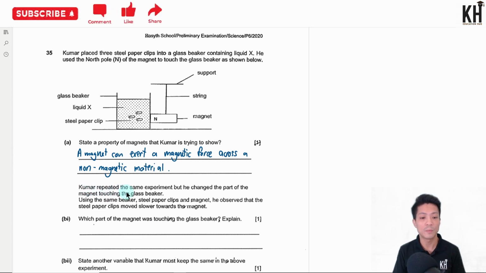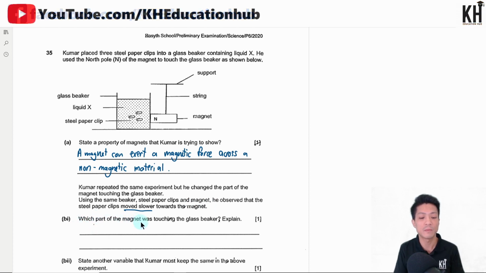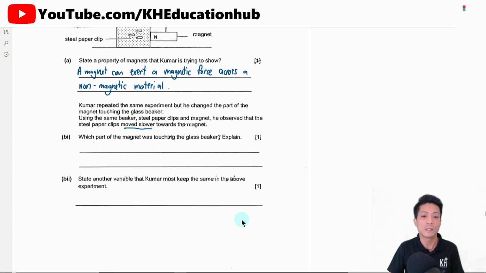Okay, so Kumar repeated the same experiment, but he changed the part of the magnet touching the glass beaker. Using the same beaker, steel paper clips and magnet, he observed that the steel paper clips moved slower towards the magnet. Okay, which part of the magnet was touching the glass beaker, and explain. So you must set yourself to think, why does it move slower?